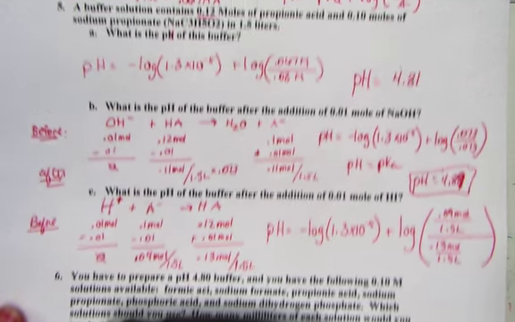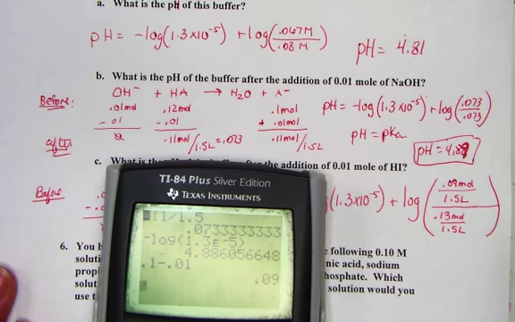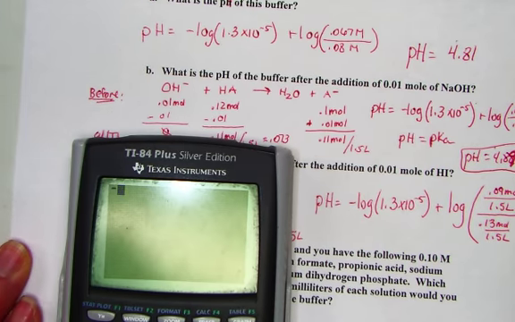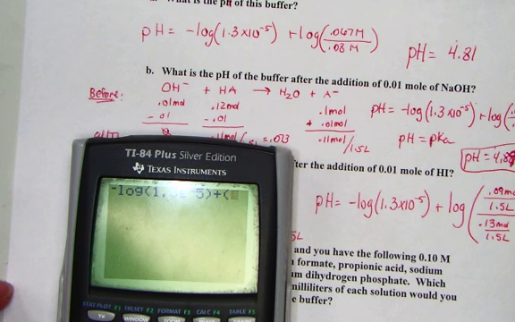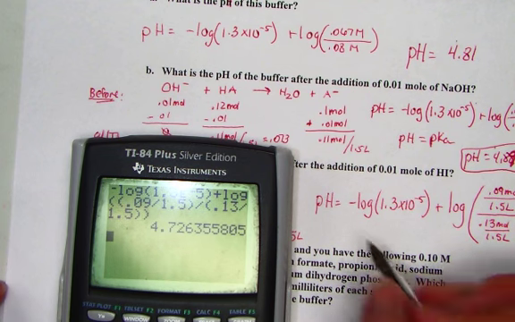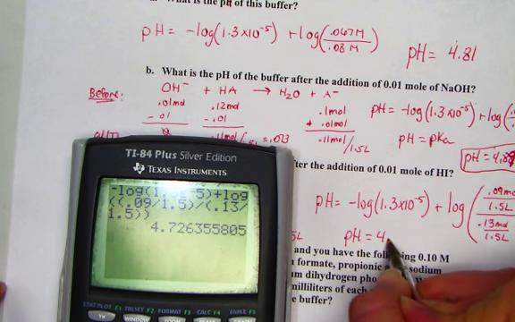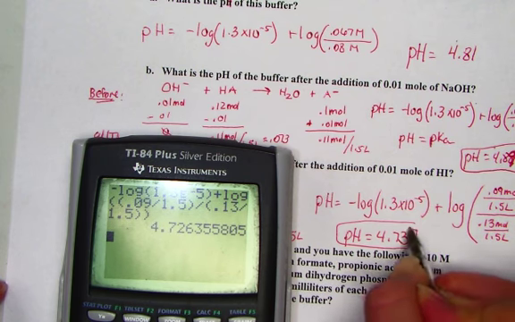Solving for pH: negative log of 1.3 E negative 5 plus the log of the ratio of 0.09 over the 1.5 divided by 0.13 over its volume of 1.5. Now the pH is 4.73 pH units.